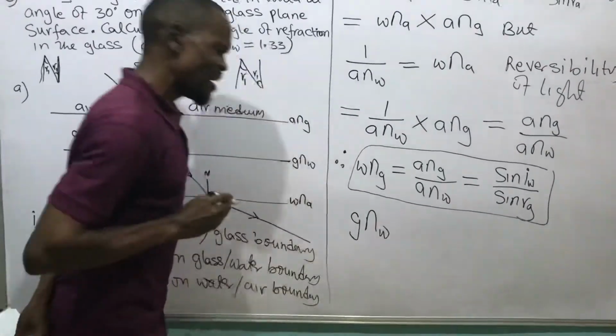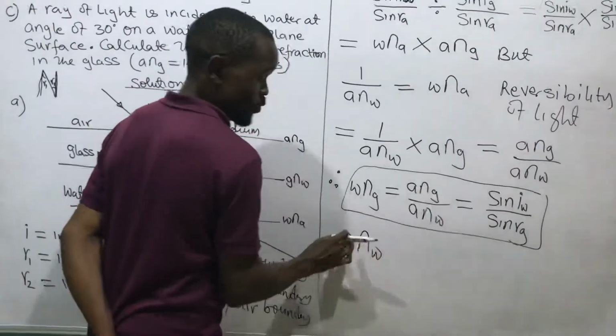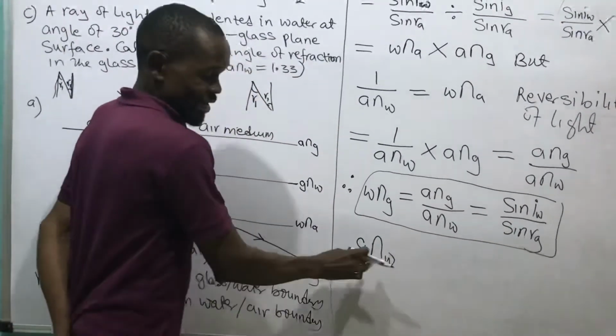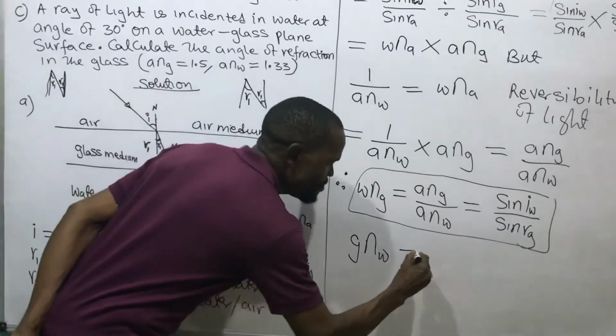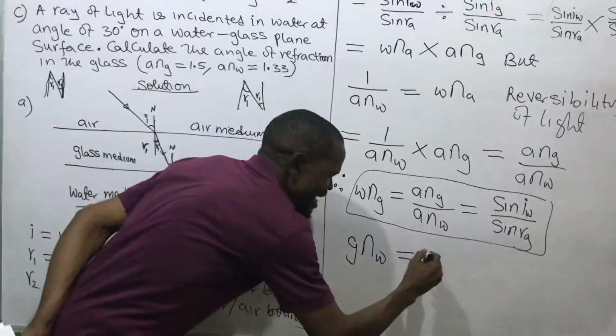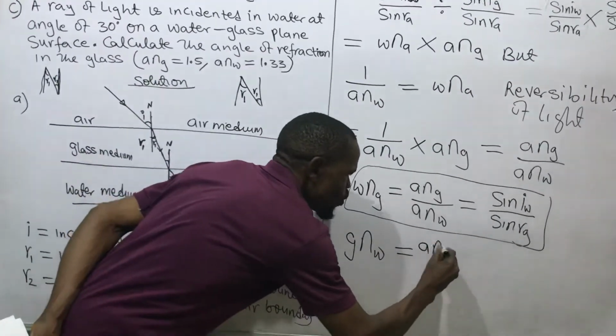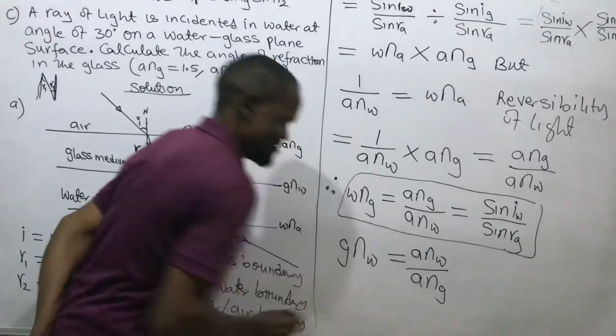Assuming we are not through from what we are doing, but I want to also get this. Assuming that we are given glass to water, it simply means, from what we have already derived, air to water over air to glass.